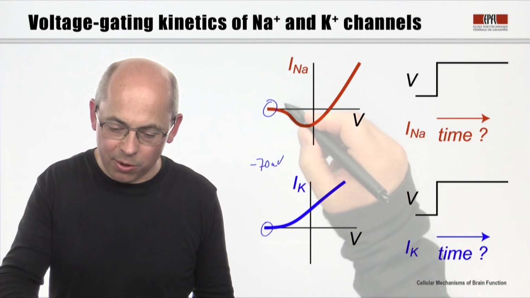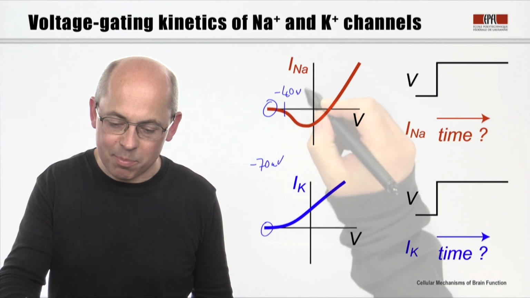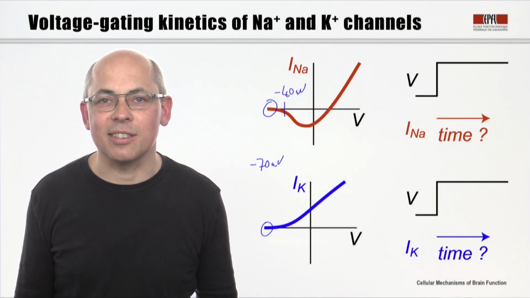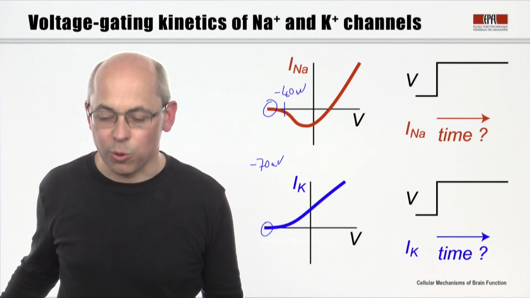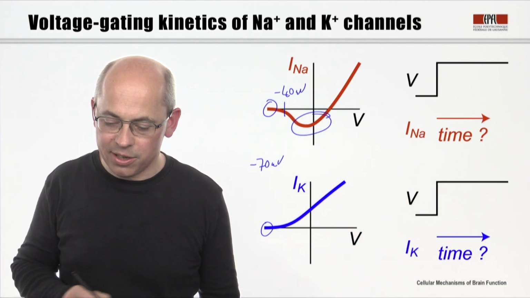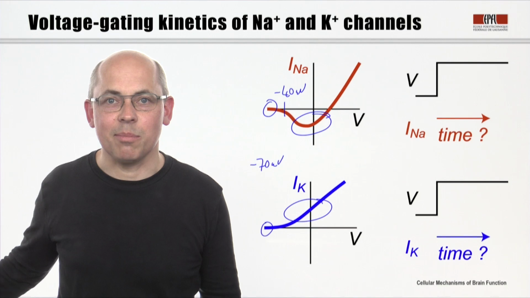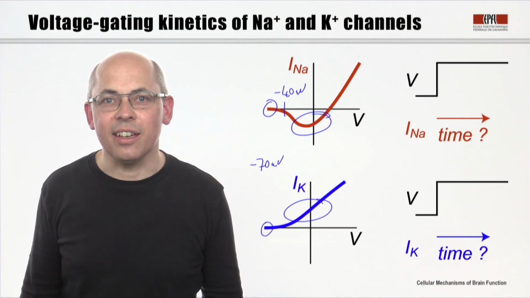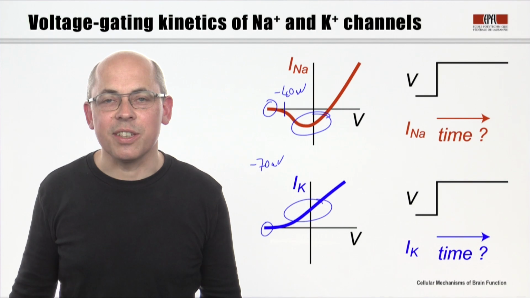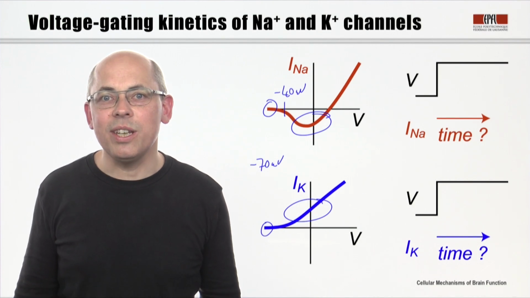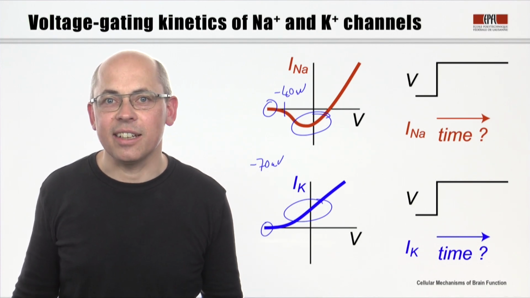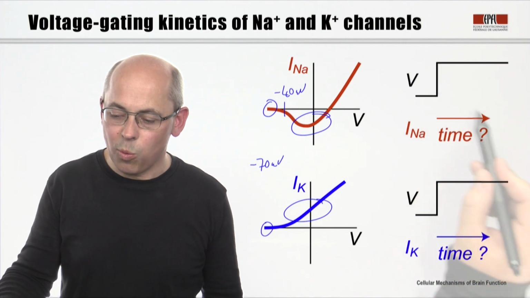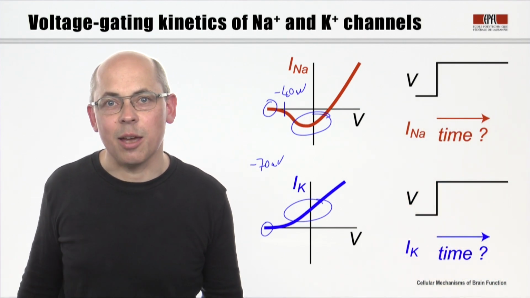As we go beyond minus 40 millivolts and above, the open probability of the voltage-gated sodium and potassium conductances increases dramatically, causing an inward sodium current and an outward potassium current. In order to understand how they dynamically interact on the cell membrane in real cells, we need to know about the gating kinetics. If we rapidly change the membrane potential, what happens to the sodium current in time?